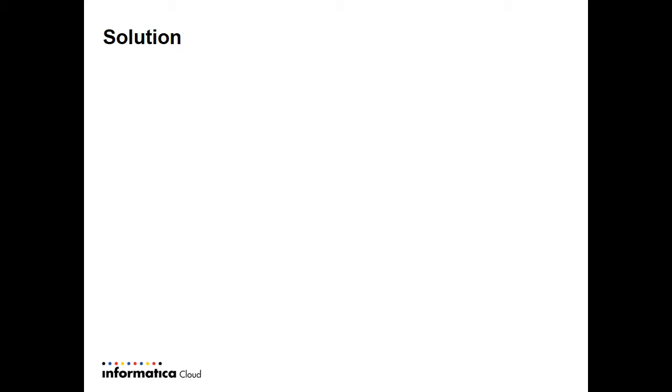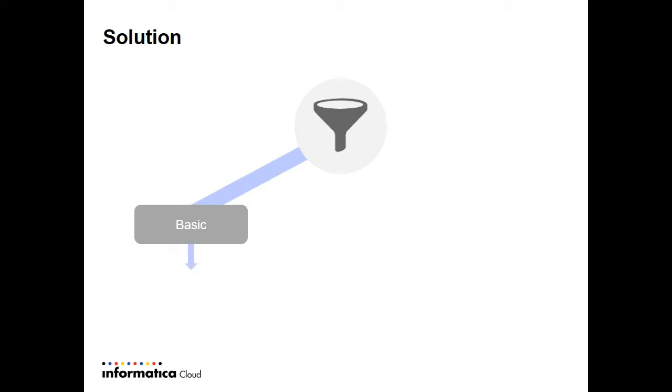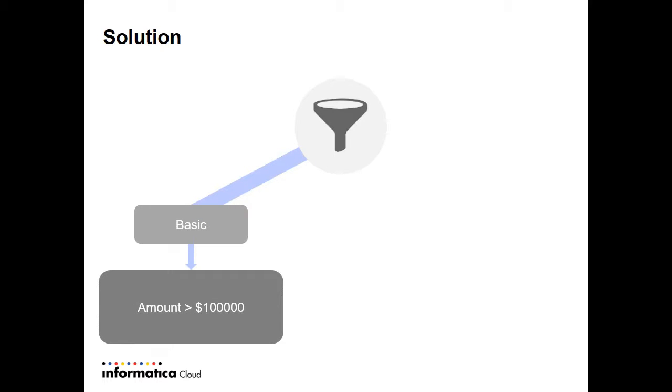Based on the example we discussed earlier, let us now discuss how we can meet the business need of the organization. To meet their requirements, they can use filters which can be of two types. First is the basic filter, where amount will be greater than $1 lakh.